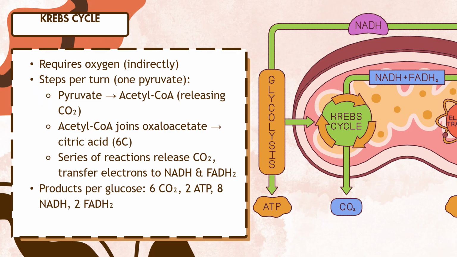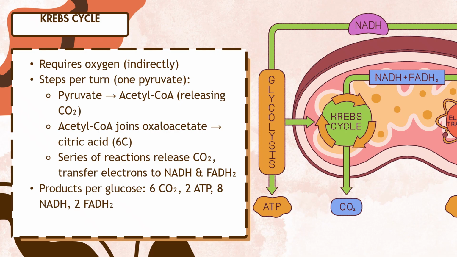Now let's go into the Krebs cycle. In the matrix, which is inside the inner membrane of the mitochondria, the pyruvate that came in as a result of glycolysis joins with coenzyme A. When the pyruvate joins coenzyme A, it creates something called acetyl-CoA. It's called a cycle because it continuously comes back to the same molecule, oxaloacetate.